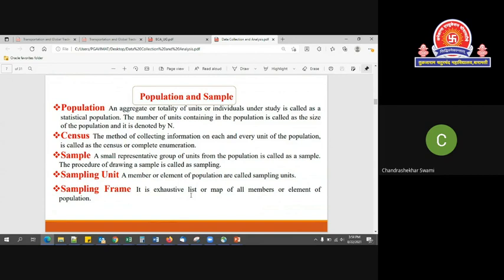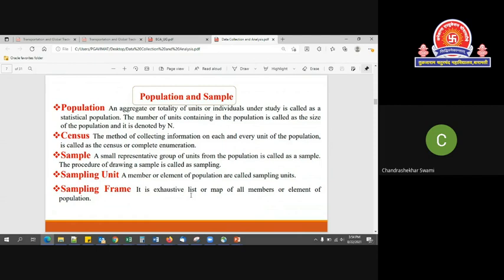If my population is all the students in TC College, then each and every student is my sampling unit. That student may be from the arts, science, or commerce faculty, and may be a first year, second year, third year, or postgraduate student.